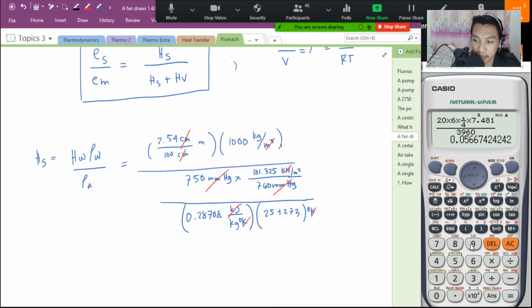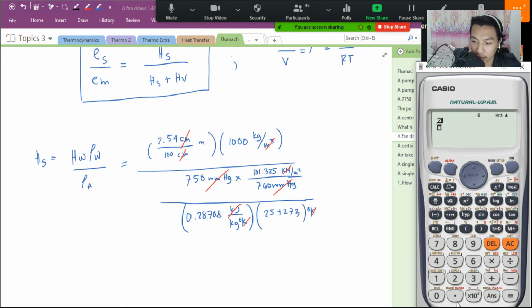So, let us solve. 2.54 over 100 times 1,000 divided by 750 times 101.325 divided by 760 divided by 0.28708 times 25 plus 273.